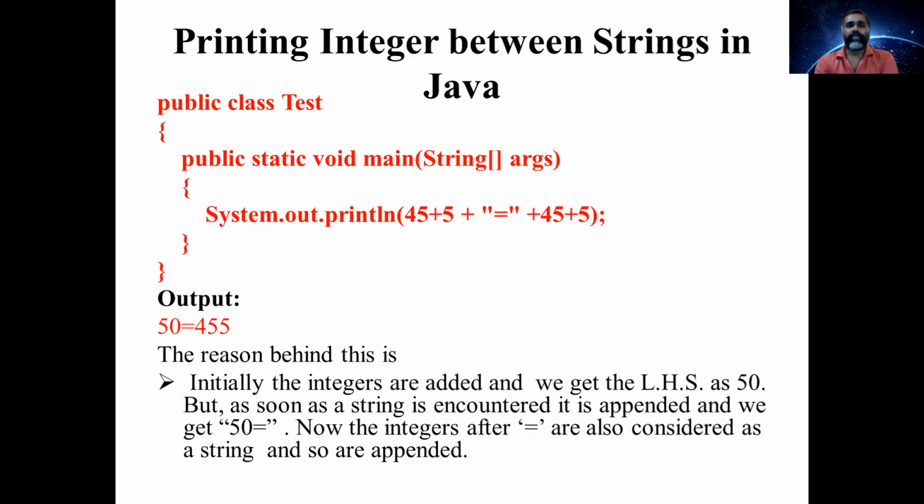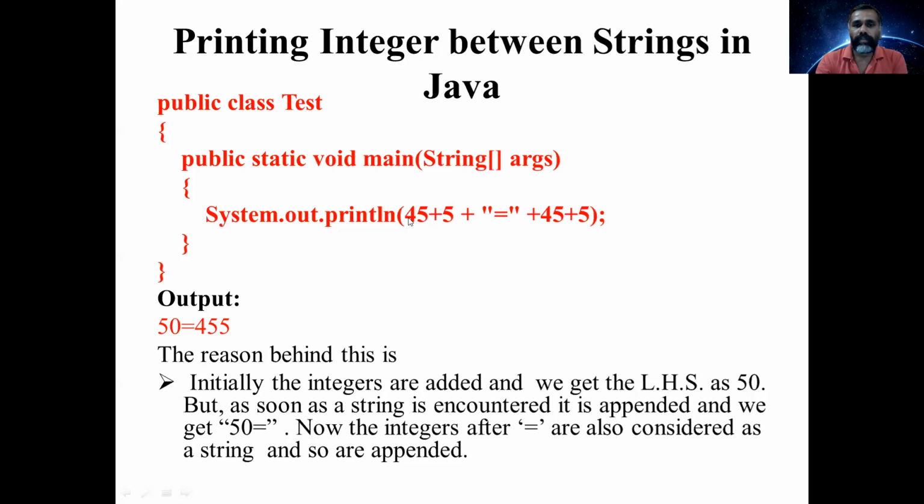So let's see how integers are handled in between strings in Java. Here is an example program. In my class Test, in my main method, I am printing the statement 45 plus 5 plus double quotes, equal to symbol, plus 45 plus 5.